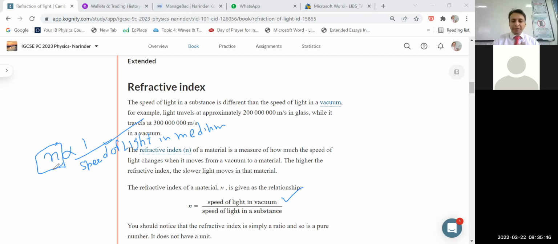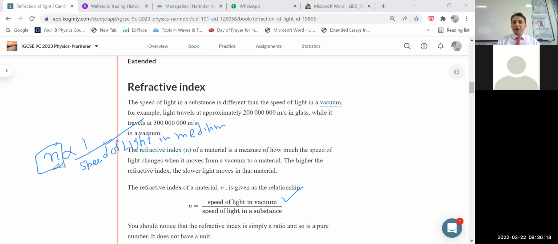The greater the value of n, the more optically dense the medium is. It means if n is large, the refractive index of the material is large, and if its optical density is large, then in that particular medium the speed of light will reduce. The more the value of n, the more the speed of light is reduced.